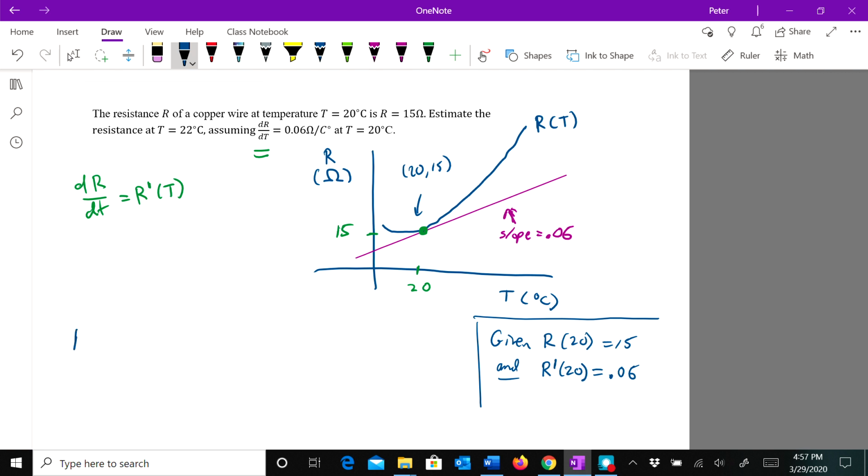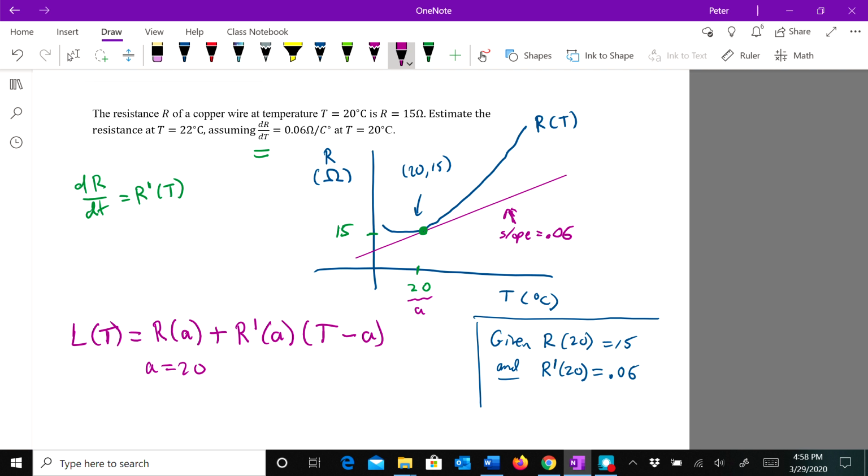So what that means is that the linearization, let's stick to purple for linearizations, L of x is going to equal R of A plus R prime of A times t minus A. I'm sorry, this shouldn't be L of x. We're going to switch to the variable t because that's the independent variable. And of course what we can see is that this is our value A, the center is A equals 20. Why? Because that's the only point where we actually know what the derivative is, so we're going to have to choose that.